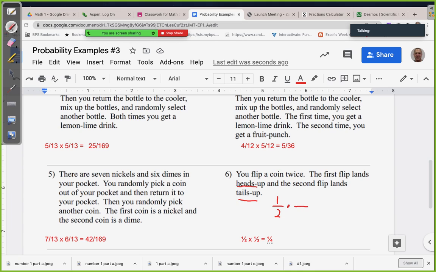And now I'm going to flip again. Now I want tails. Well, what's the probability of getting tails? It's still 1 out of 2. So the probability of getting heads and then a tails is going to be 1 out of 4. Okay, thank you. Sure. All right. Anybody else have any questions they want to ask on that? 5 or 6?